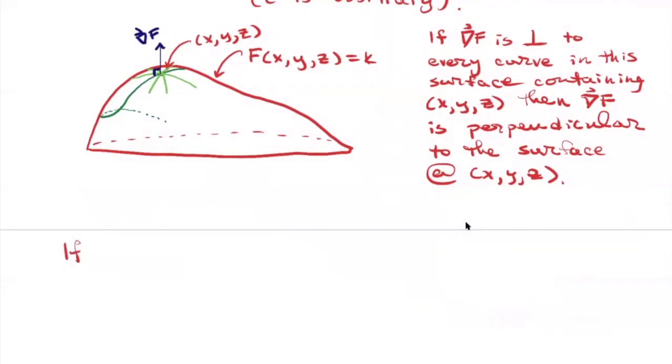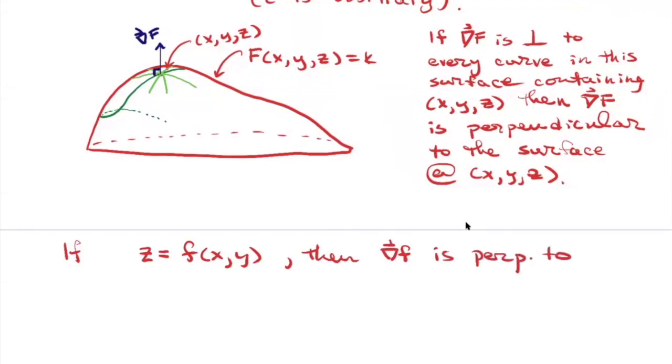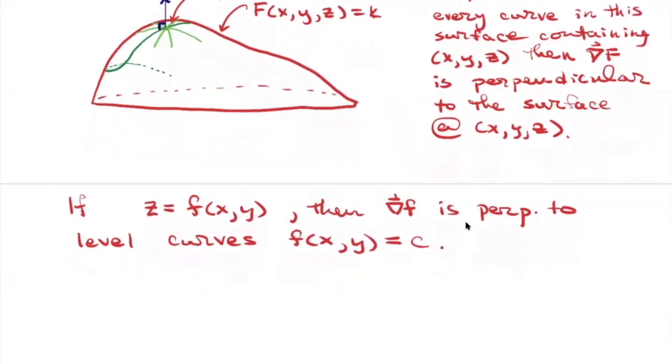If z is equal to f of x, y, then the gradient of little f is perpendicular to level curves f of x, y equals c. So we've already established that.